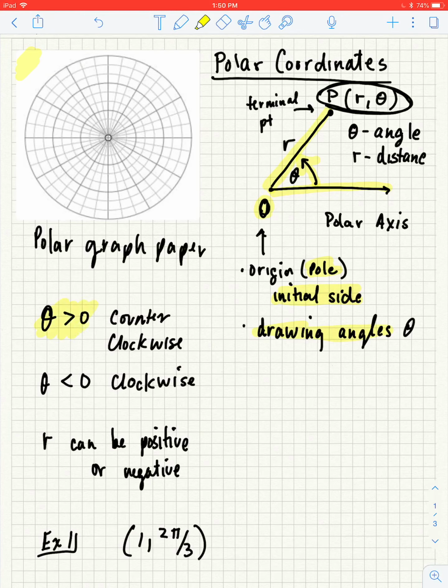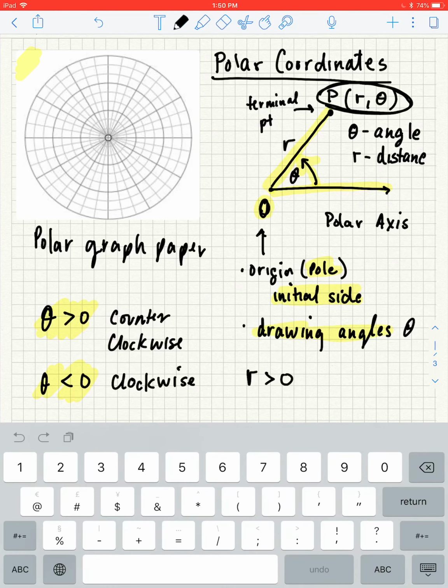A couple little things that we should go over. If the angle is positive, you are going counterclockwise. If the angle is negative, you are going clockwise. And r can be positive or negative. Actually, let me show you the difference. Say r is positive.